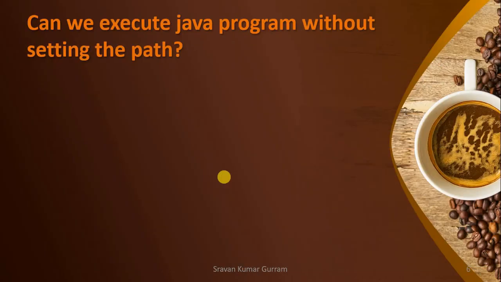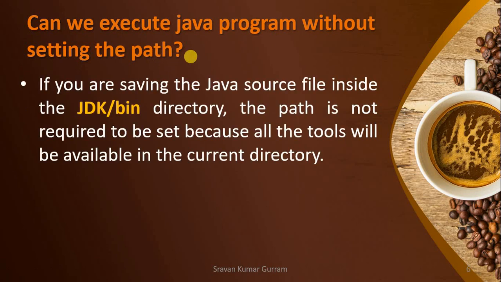Can we execute a Java program without setting the path? Yes. Without setting the path also, we can execute the Java programs. But in that case, you need to save your source file, the Java file, in the path of JDK and bin. So here the path is not required to be set because all the tools will be available in the current directory only.